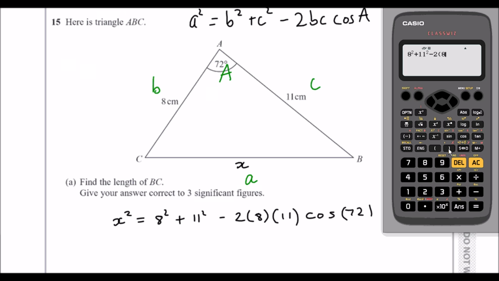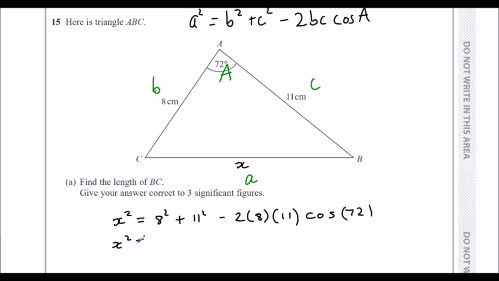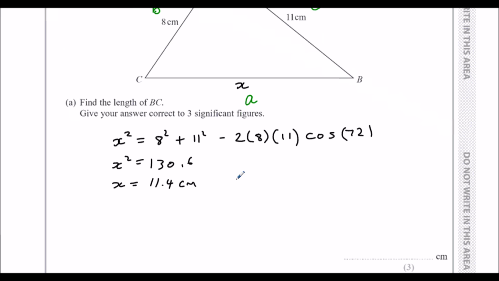So I'm just substituting in, type it into the calculator. So I've got 130.6, square root that, which is 11.4. So x squared was 130.6. I then square rooted it for 11.4 centimeters.